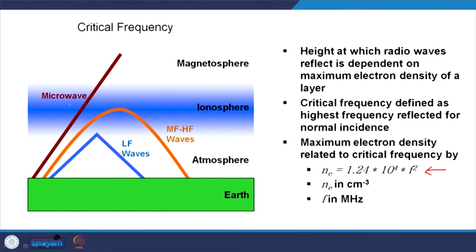Based on the incoming frequency, it will get reflected at a particular point. So, you will have to choose which frequency you want to use for which type of communication.